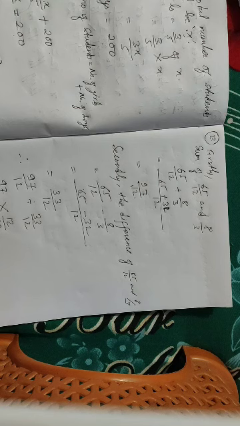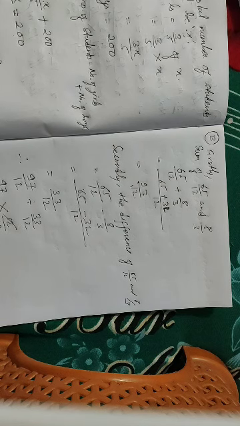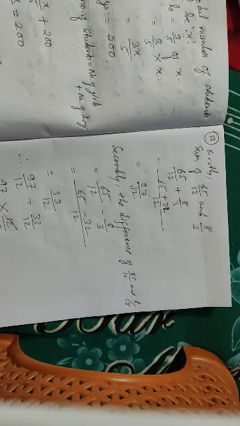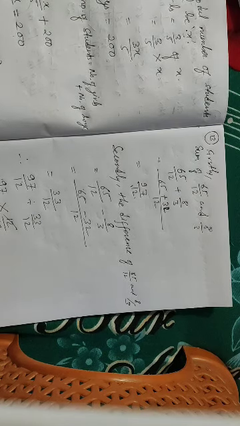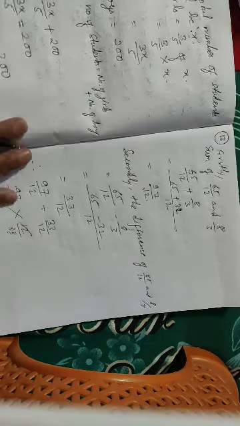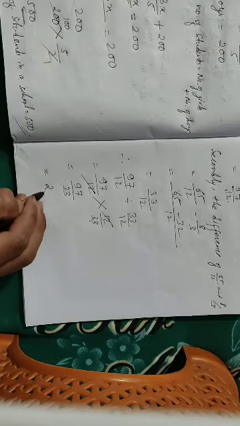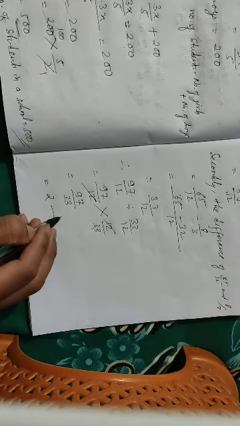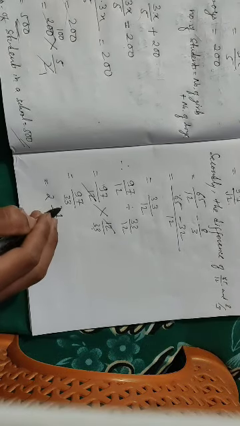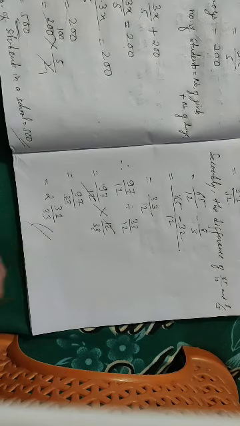So 12 cancelled. So how much will you get? So is there anything that will be divisible? So I think this will remain as it is. So you can divide and convert it into mixed fraction. So how much? 3 2s are 6, 1 31 by 33. So this is the answer.